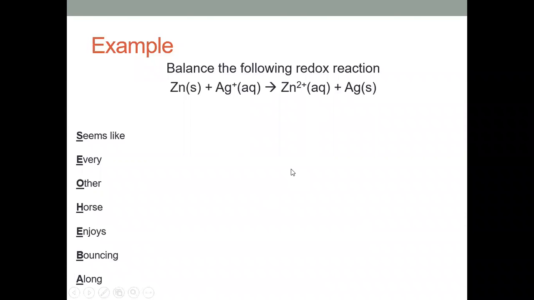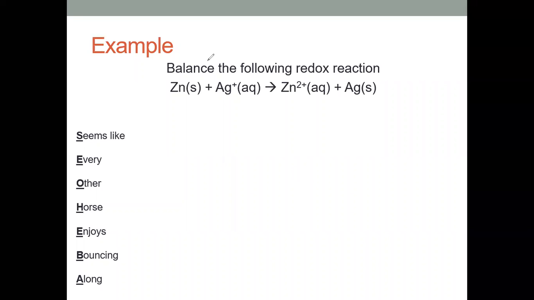All right, as an example, let's start out with a more simple one, and then we'll go more complex. This example says balance the following redox reaction, and it has zinc and silver ions being reacted together. So let's follow our steps.